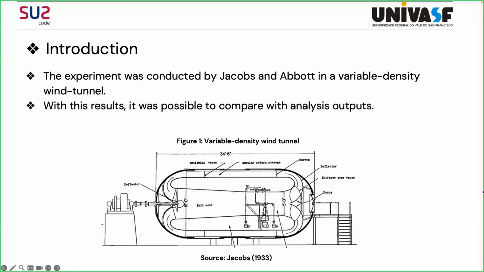For this study, experimental data was acquired from a paper that used a variable density wind tunnel to perform tests on different airfoils. These results were documented by Jacobs and Abbott and were available at the NASA Technical Reports Server. Thus, with the treated data, it was possible to make this comparison.